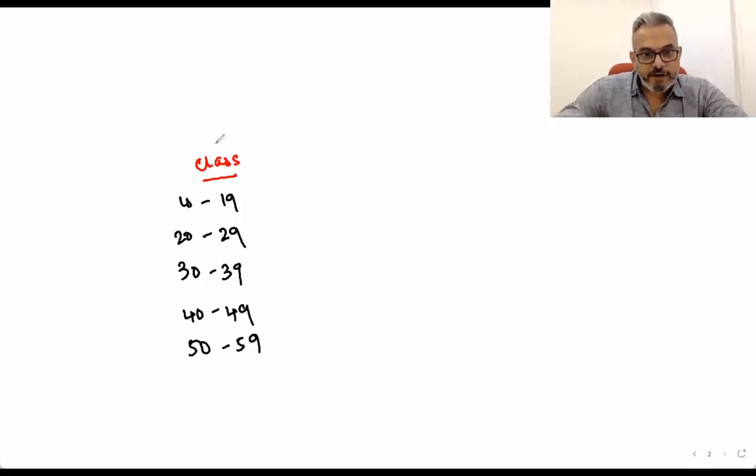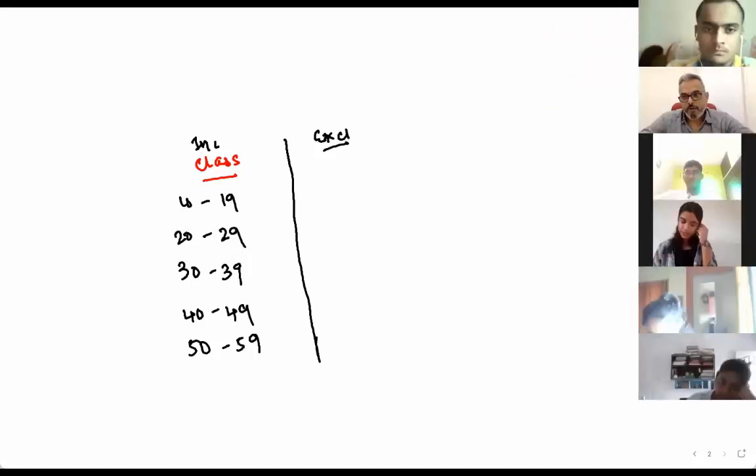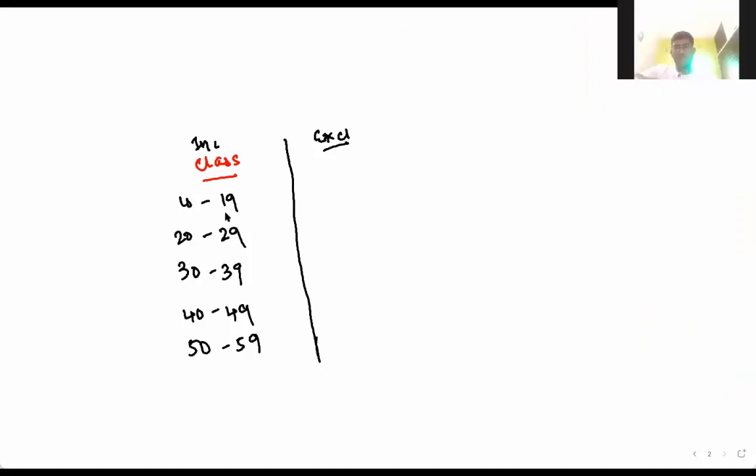These are all inclusive classes. Now you want to make it exclusive. So for inclusive to exclusive, what you have to do? पहले इन दोनों का डिफरेंस फाइंड करना है कि 19 और 20 का डिफरेंस क्या है. What is the difference between 20 and 19? 1. 20 minus 19.